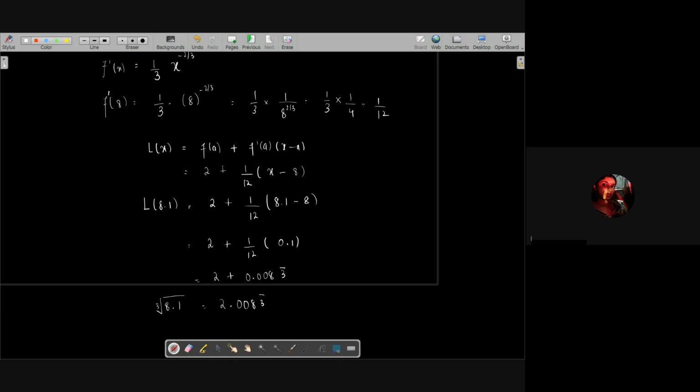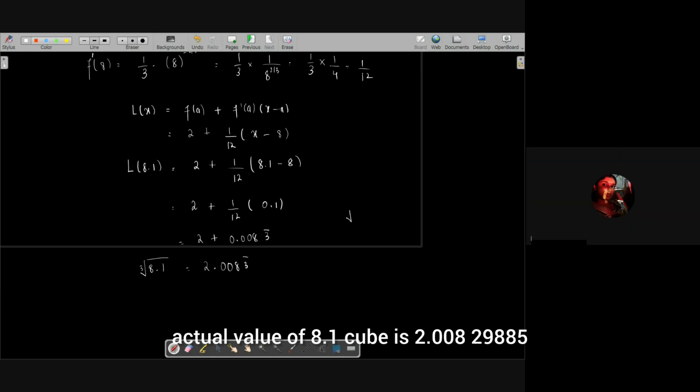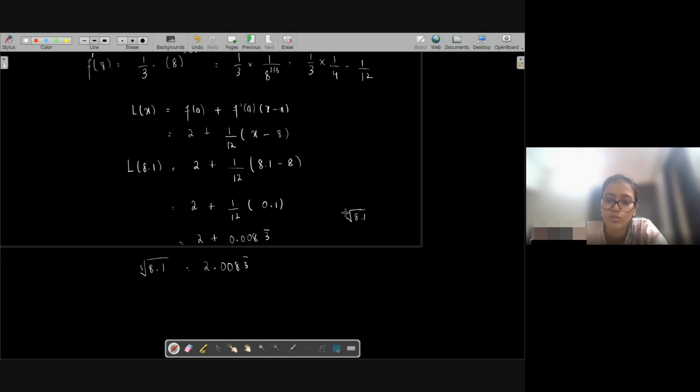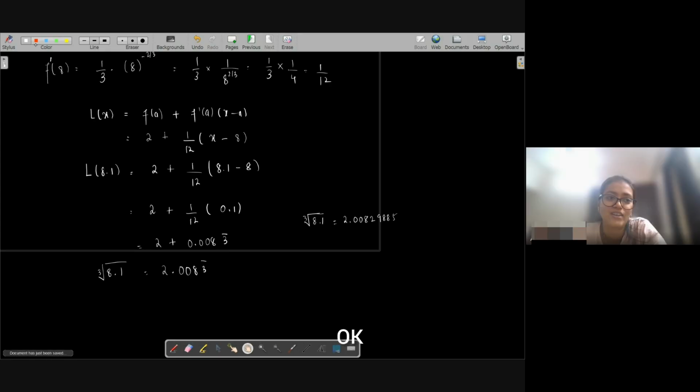Got it. And the actual value of the cube root of 8.1, using a calculator, is 2.00829885. Okay.